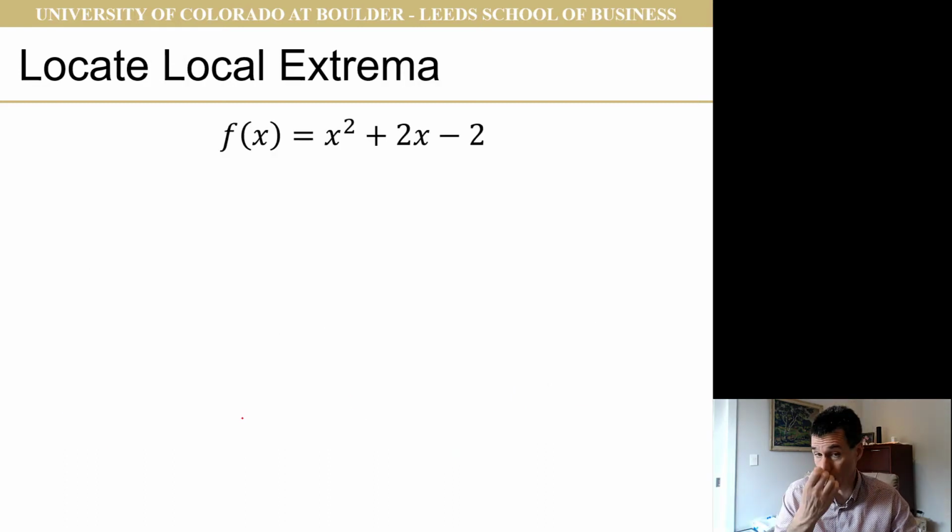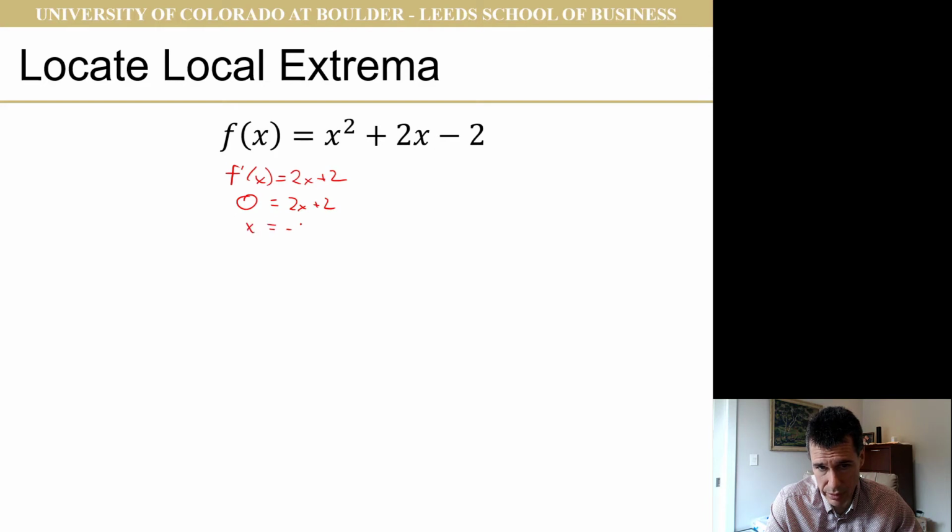Okay, so let's find some local extrema. So f of x, the way we do this is we find critical numbers where the first derivative is 0, and then we see what the sign is of the second derivative at those critical numbers. So f prime of x is equal to 2x plus 2. Critical number, set this to 0, 0 equals 2x plus 2, x equals -1.